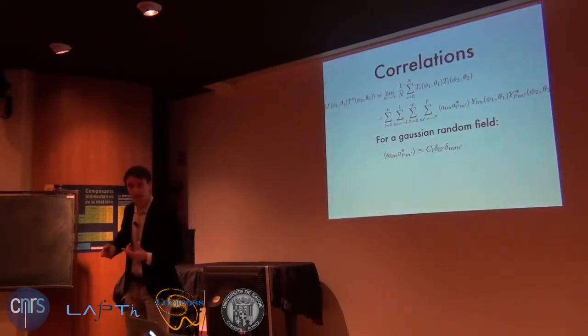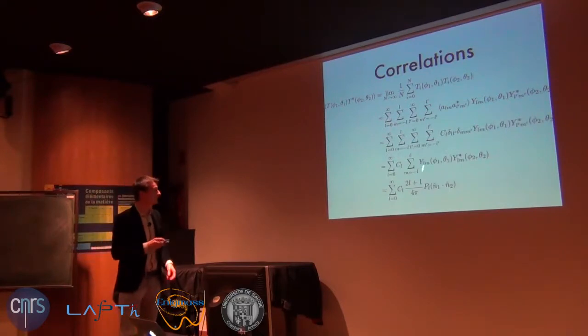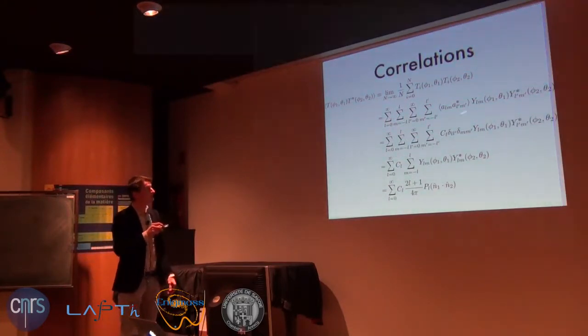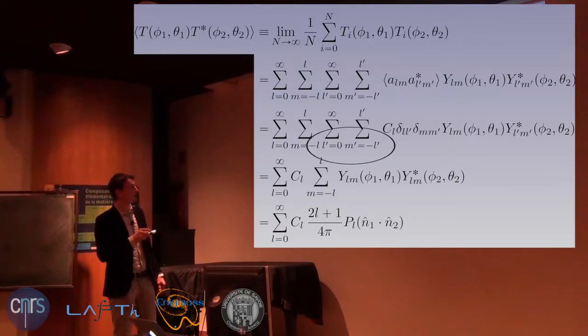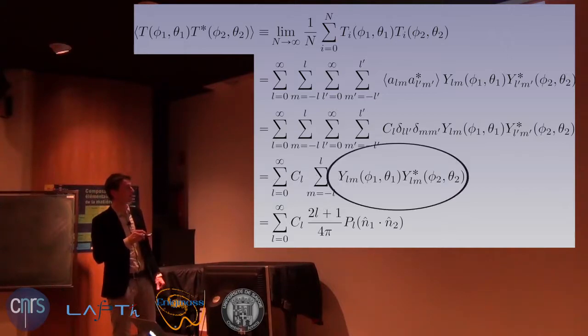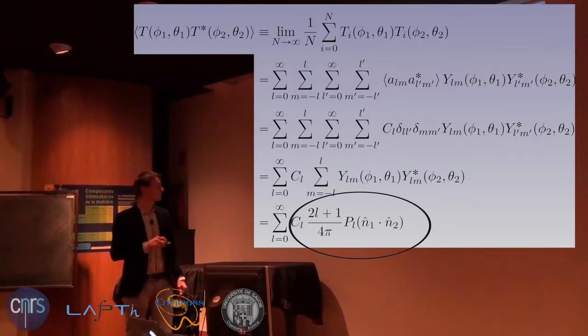So if the CMB is generated by a Gaussian random field, then we can, with the actual value of this cross-correlator, which is CL times the two delta functions, work out the sum, so we lose the L' and M' sums, and we're left with a sum over M's only for YLM times YLM of two different angles, and this turns out to be a Legendre polynomial.